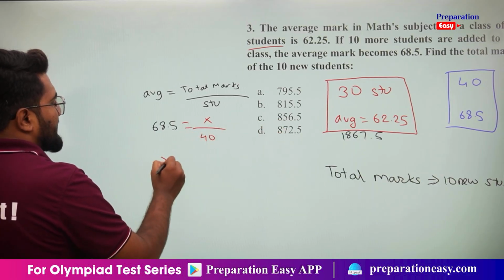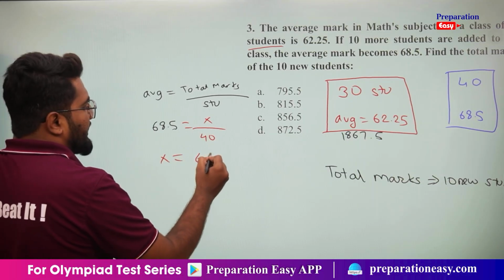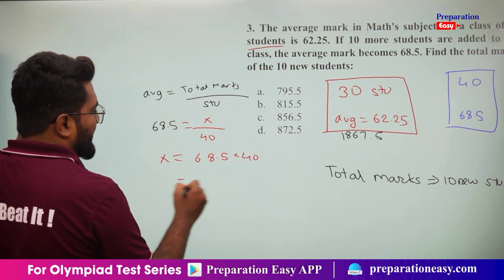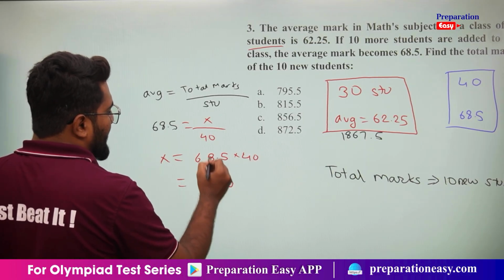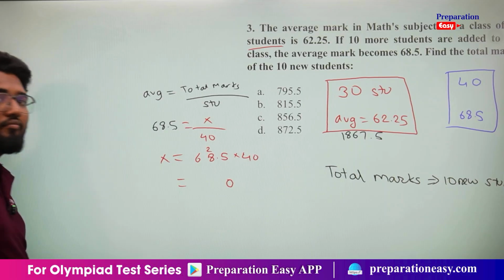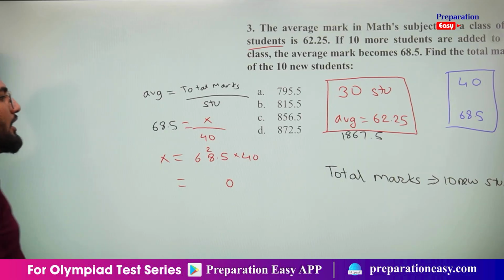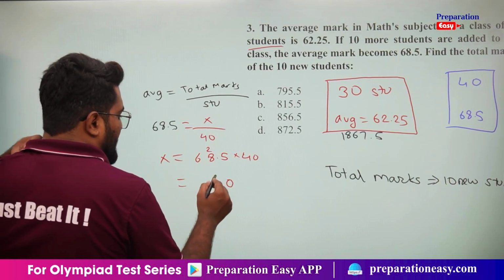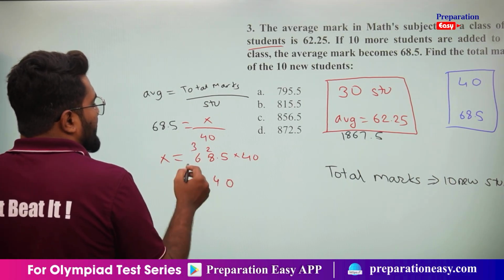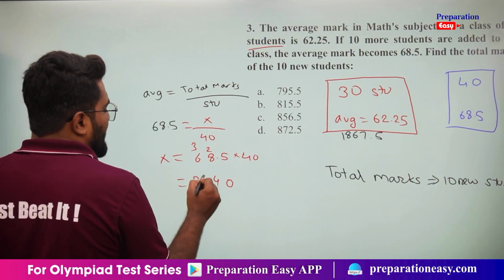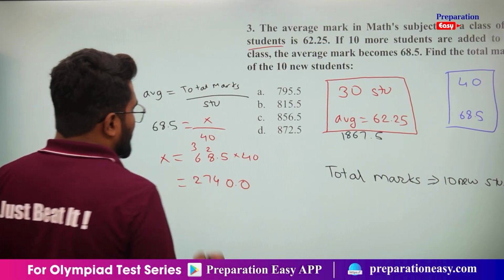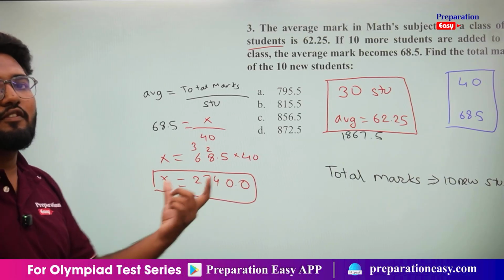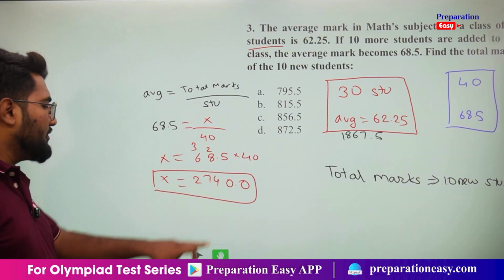So X will be equal to 68.5 multiplied by 40. 4 5s are 20, 0 carry 2, 4 8s are 32, plus 2, 34. So 4 carry 3, 4 6s are 24, plus 3, 27. 2740.0. So the total marks of 40 students are 2740.